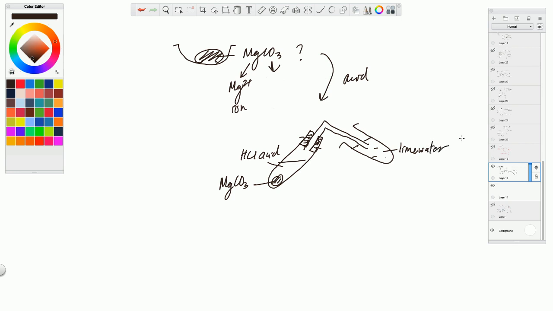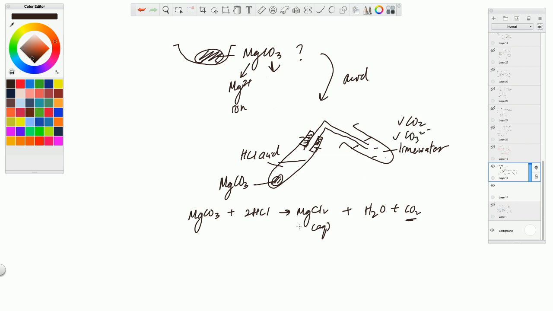This dissolves the magnesium carbonate in acid and causes it to become magnesium ion. So magnesium chloride is in an aqueous solution, so it's a magnesium ion. The carbon dioxide that is released causes the lime water to become cloudy. So you prove that it is carbon dioxide, so you prove that it's carbonate.